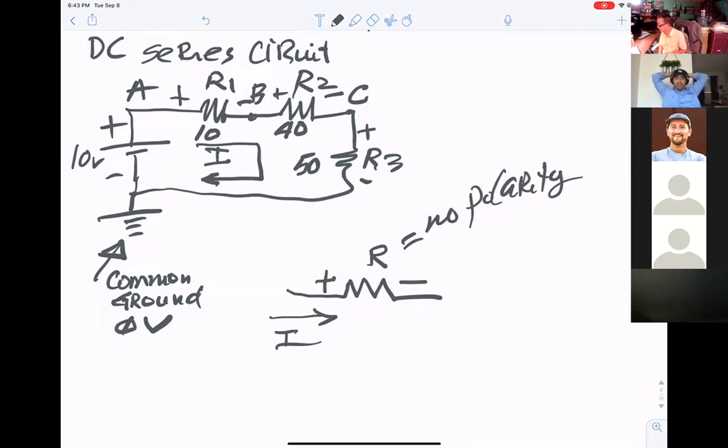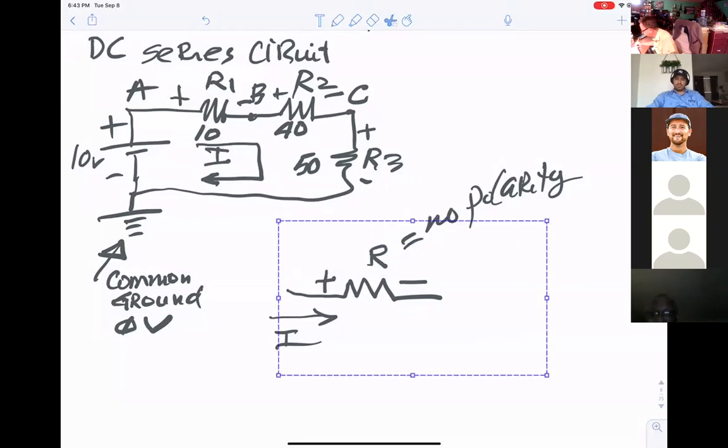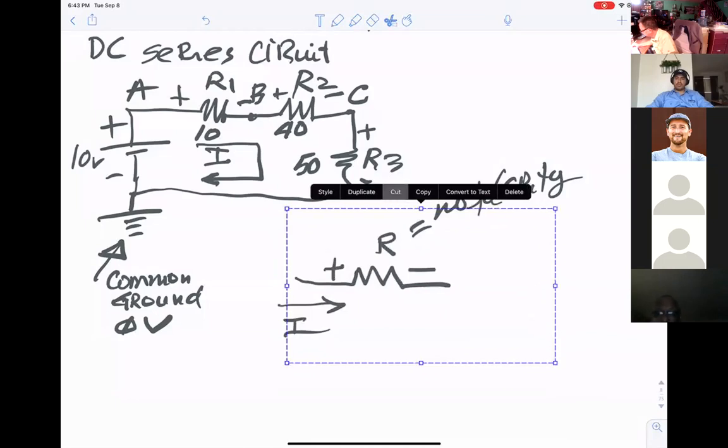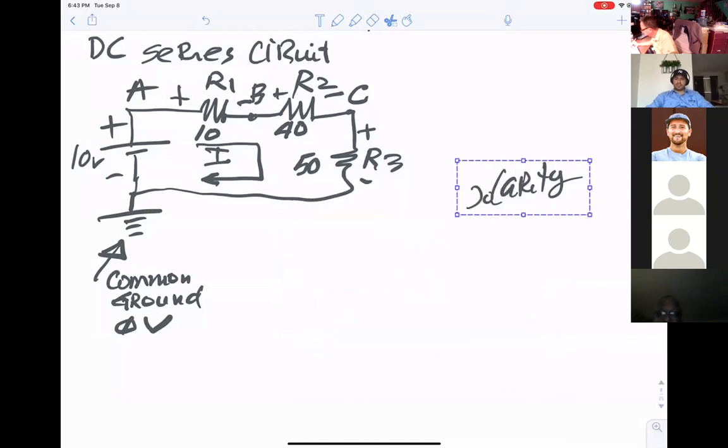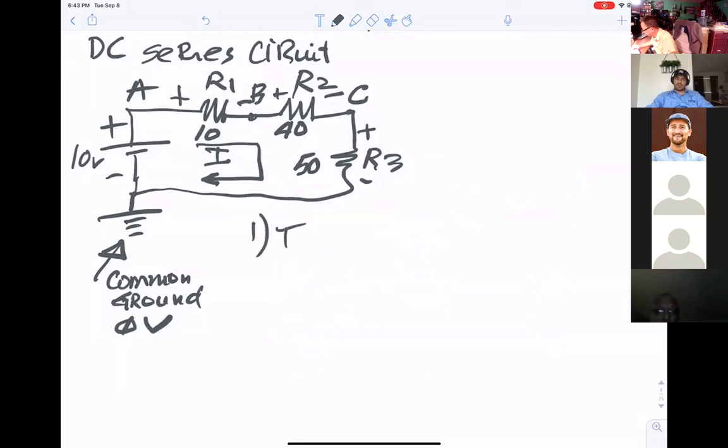So normally for a series circuit, the first thing the question asks is, what is the total resistance in the circuit? 100 ohms. Okay, the answer is the sum of the resistors.